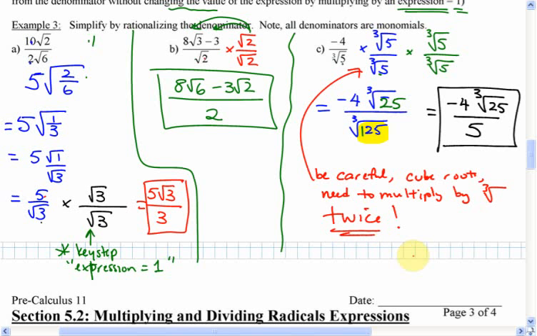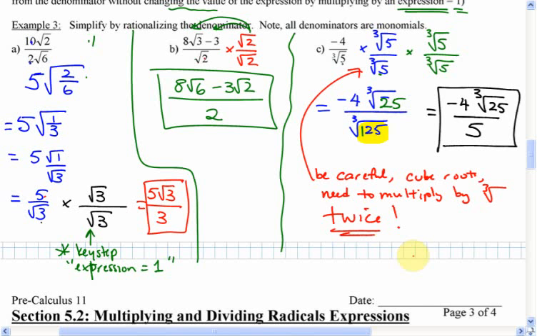Right, because I need to have a perfect fourth. So I need 4 of the same thing. Good. All right, let's turn the page because there's a few more of these rationalizing denominator questions that I must show you.